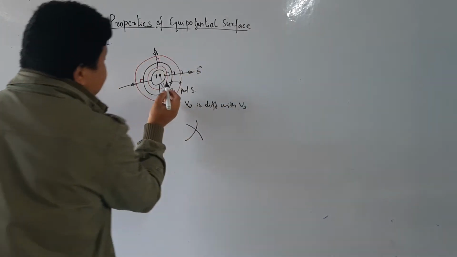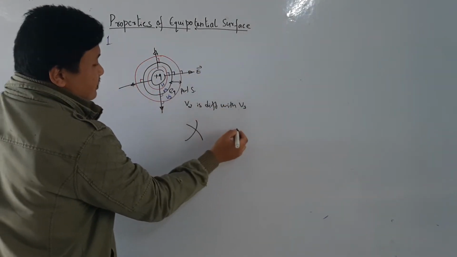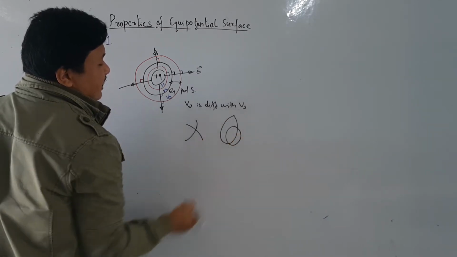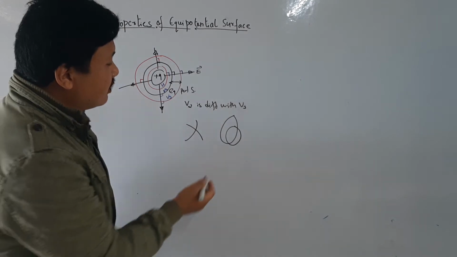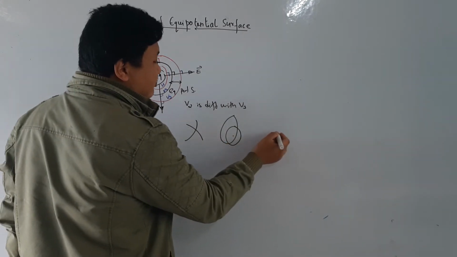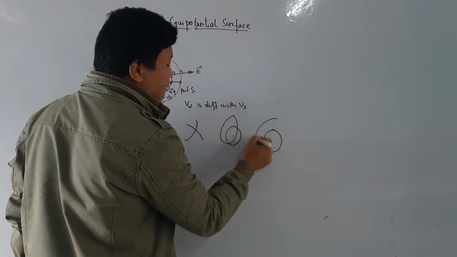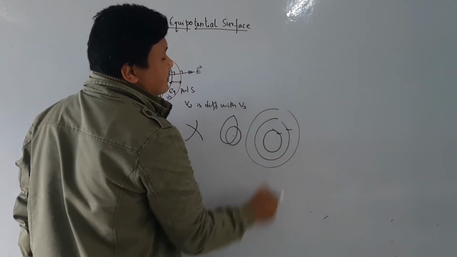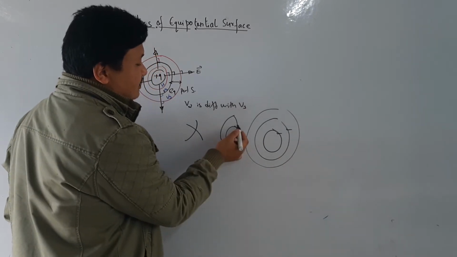If this sphere intersects with this sphere, they will not remain concentric, because concentric spheres would be like this: first, second and third.